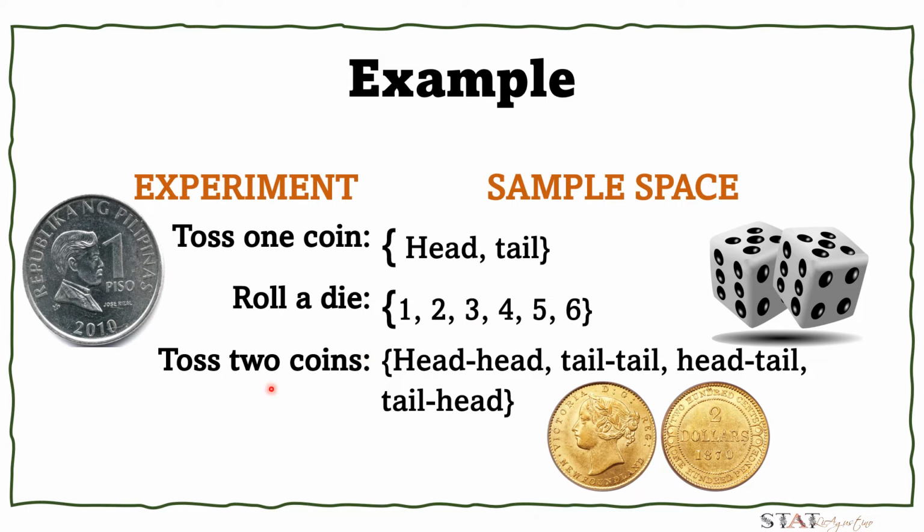And if I toss two coins, in a first trial I can have head and in the second head. Or I can have tail and tail. Or I can have head on the first toss and tail on the second toss. Or it could be tail on the first toss and then head on the second toss. These are examples of a random experiment, and these are also the corresponding sample spaces.